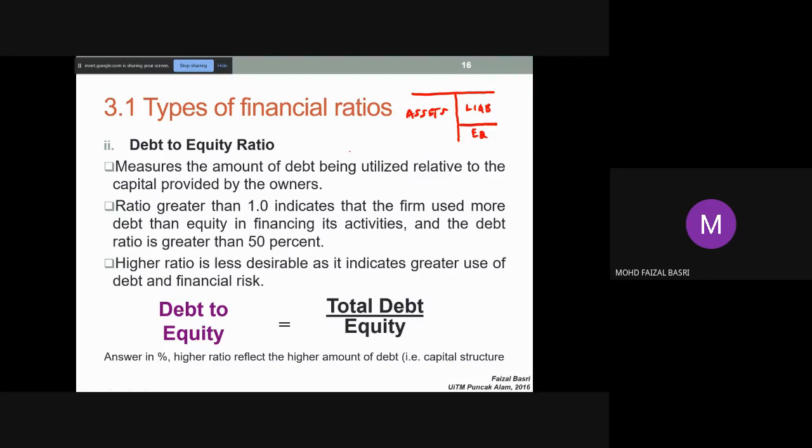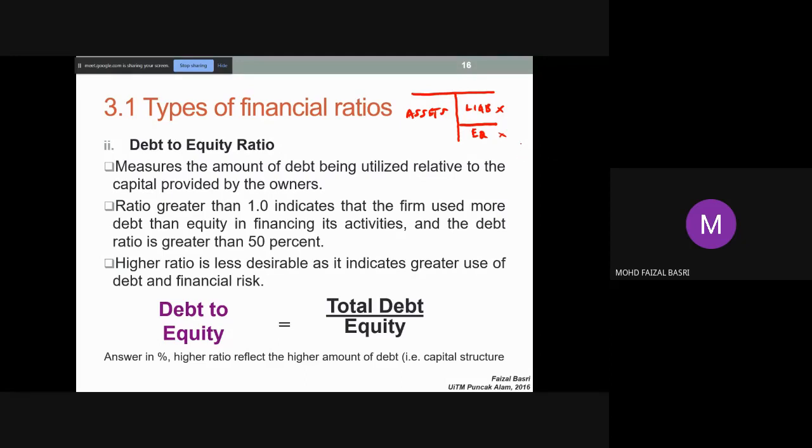For debt ratio, what we did was take liabilities, the top part of the right hand side, and divide by the total assets on the left hand side, the whole thing. But for debt to equity, we take the liabilities, still the top right hand side, but now we divide by the bottom part. This part divided by this part.